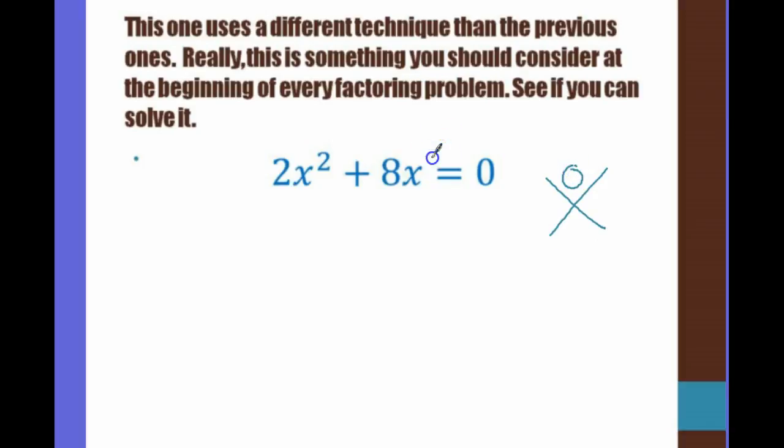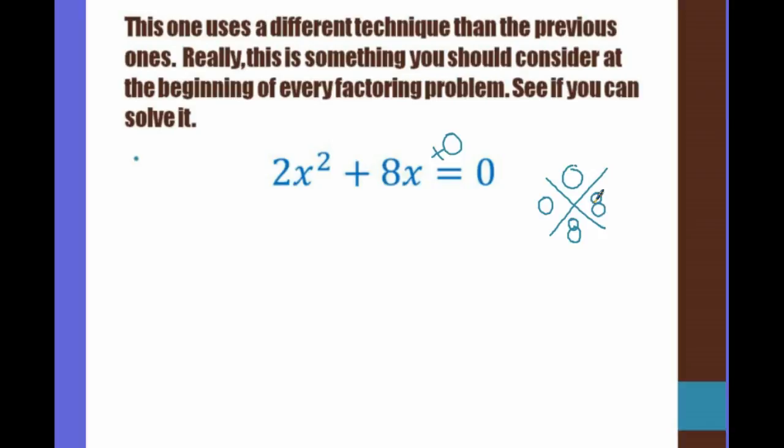So there's like an imaginary plus 0, right? So it's 2 times 0, which is 0, and they have to add up to 8. So what two numbers are going to multiply to give you 0, but add to give you 8? 0 and 8. Yeah, right? You have to pick 0 and 8.